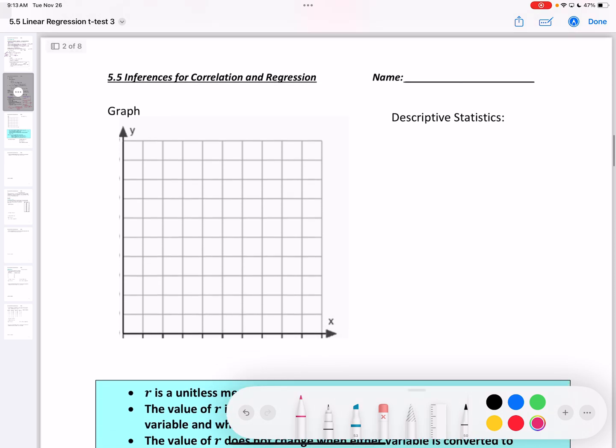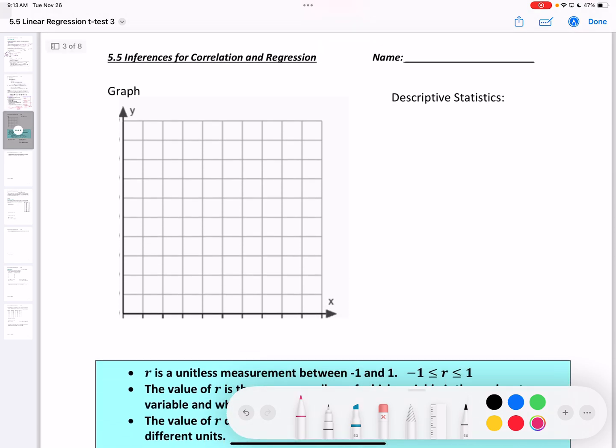I could use Excel to do this, but there's not very many points at all, okay? So I'm going to graph the tropical cyclones data. So I'm going to write tropical cyclones. And which one was the X? It said let X be the lowest pressure in millibars.